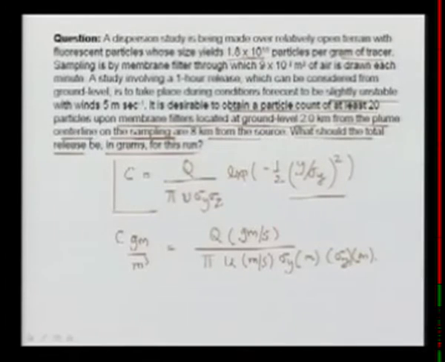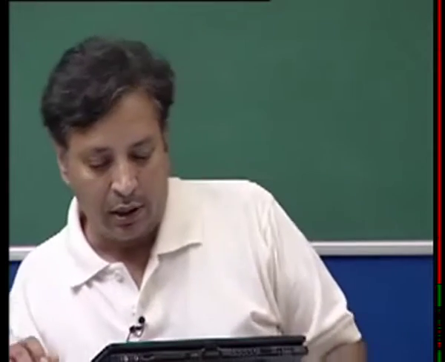Does it make sense dimensionally? Yes, it does. So, if the quantity that I am releasing is for 60 minutes, I can write QT in place of Q, since it was for 1 hour.